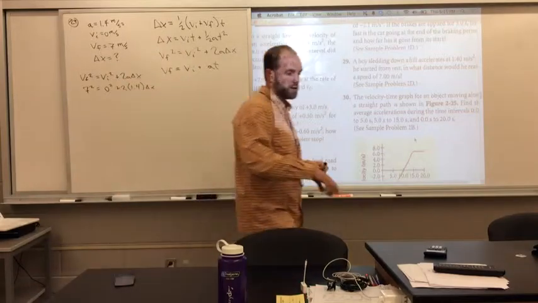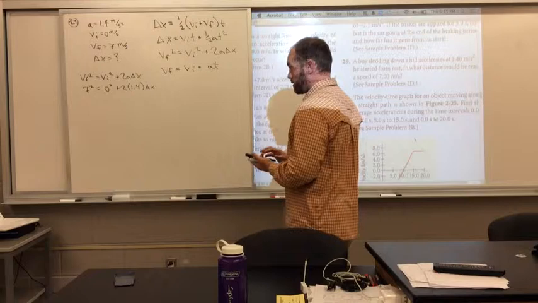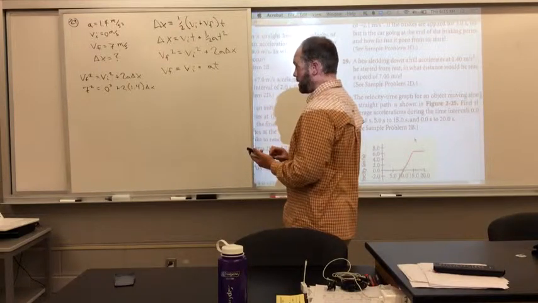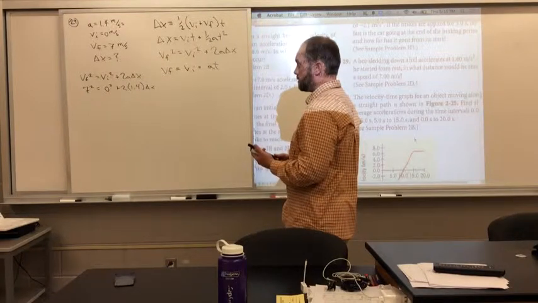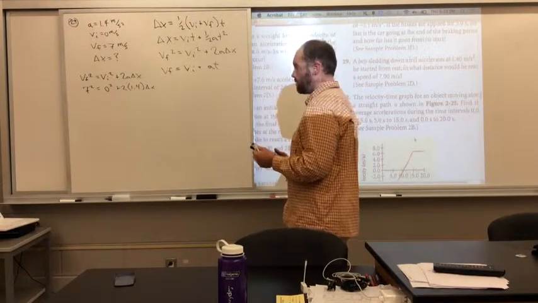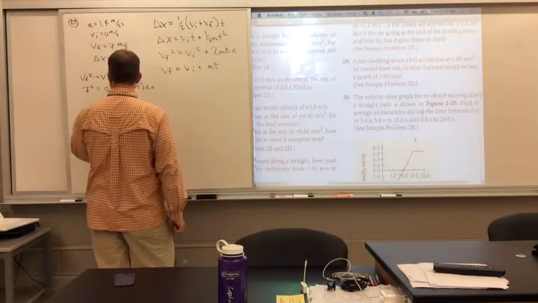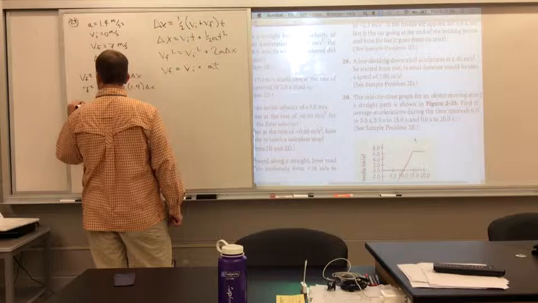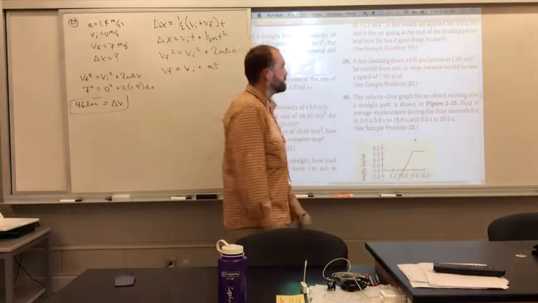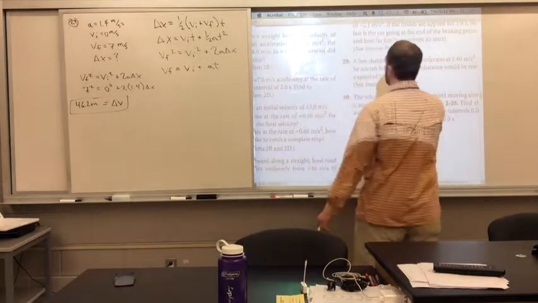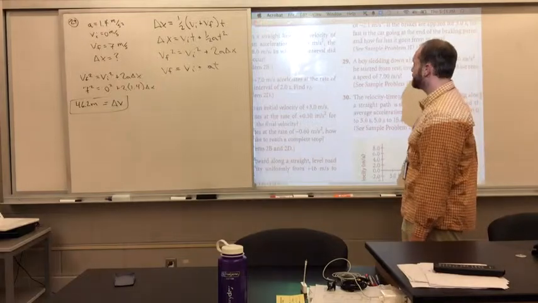And you will get for your answer 7 squared divided by 2.8, which is 17.5 meters, because it's a delta x. There you go. Funny, they throw you a tough one in 28, and 29 is like easy.